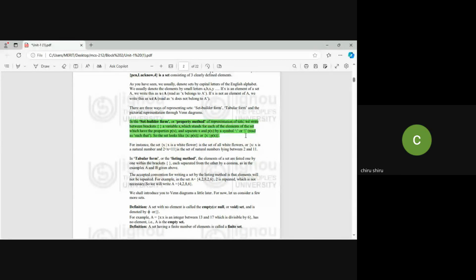Done, ma'am. Anyone have a doubt about this? No? Then tabular form or listing form. Read this one also, the yellow one.